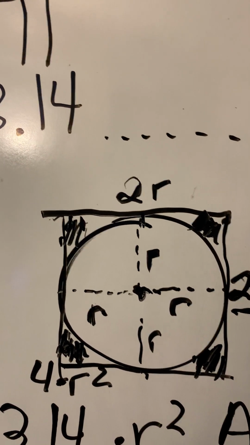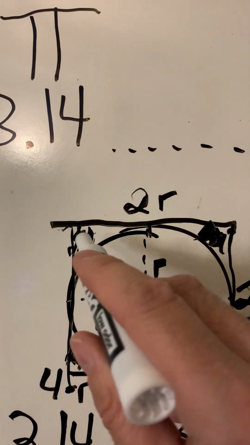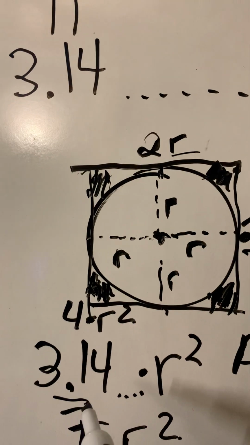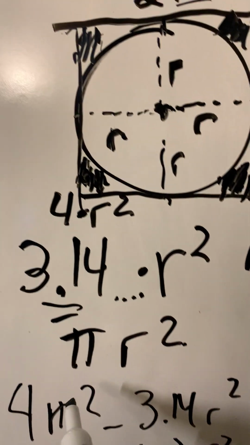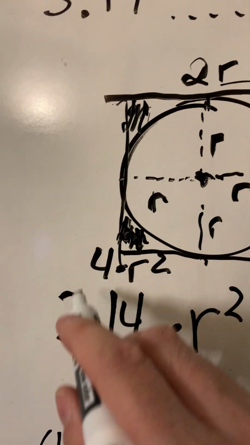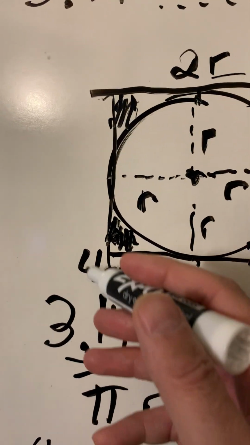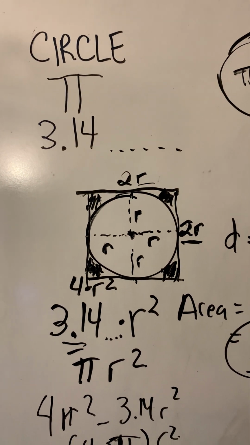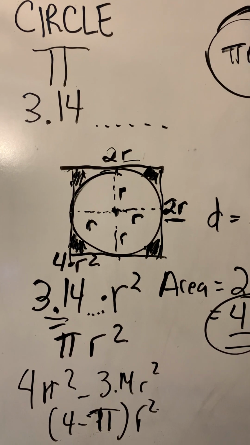Okay, so now I know the formula of the circle has got to be less than 4r squared because it fits in this space, and it's close to it because these are very small regions in the corner. And then just remember, it's 3.14, or basically it's pi r squared. It makes sense that it's pi because it's a number just slightly smaller than 4. This is not a complete explanation, but it's a good way to just remember. And then eventually you'll remember it's just pi r squared.